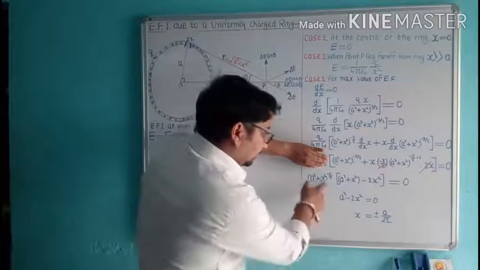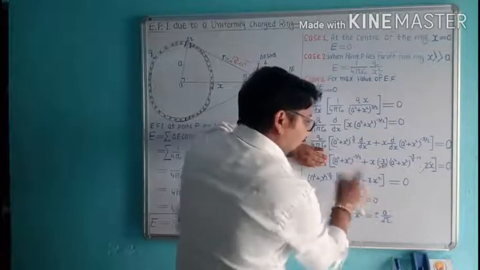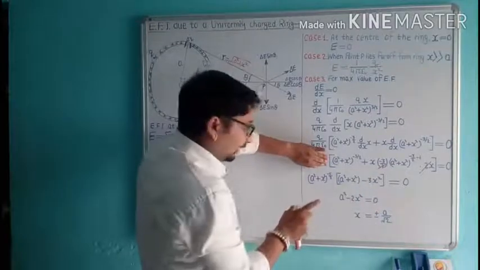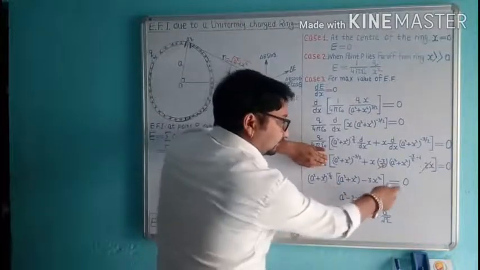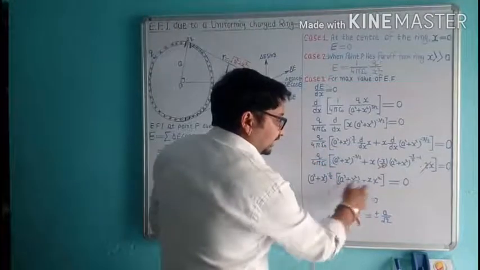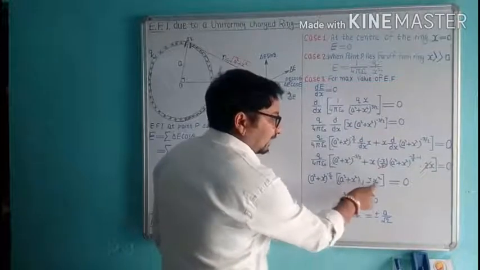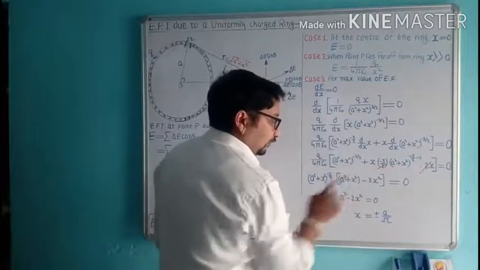Now again this factor can't be 0, so this term must be 0. The multiplication of two terms is 0, and if one is not 0, the other must be 0. That is a square plus x square minus 3x square, which is a square minus 2x square, equal to 0.